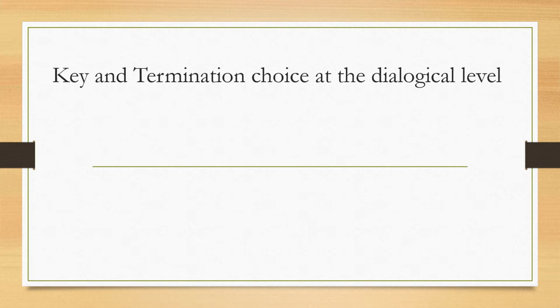The concept of termination also relates to pitch level differences, but on a different prominent syllable, which is usually the tonic syllable or the only syllable in a tone unit. And both key and termination usually act on a sort of dialogical level, meaning that certain termination choices may predict a key choice in the following tone unit.